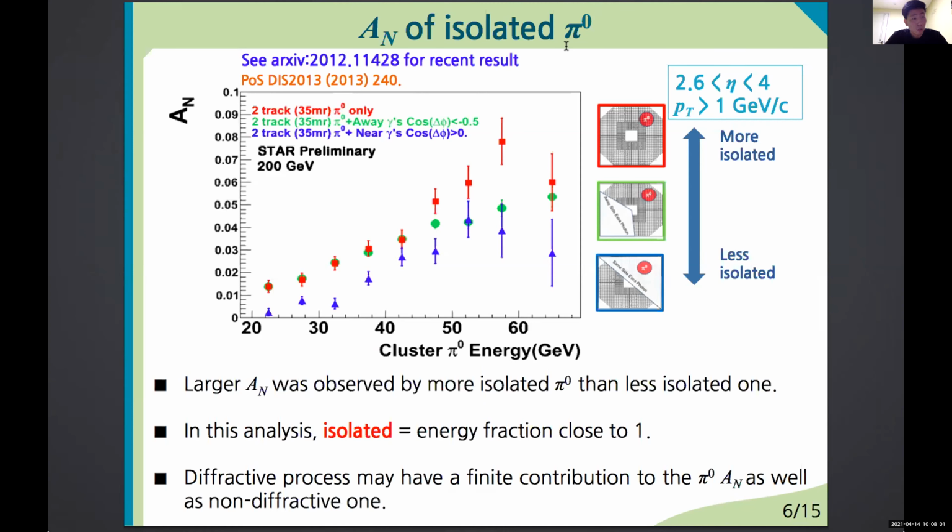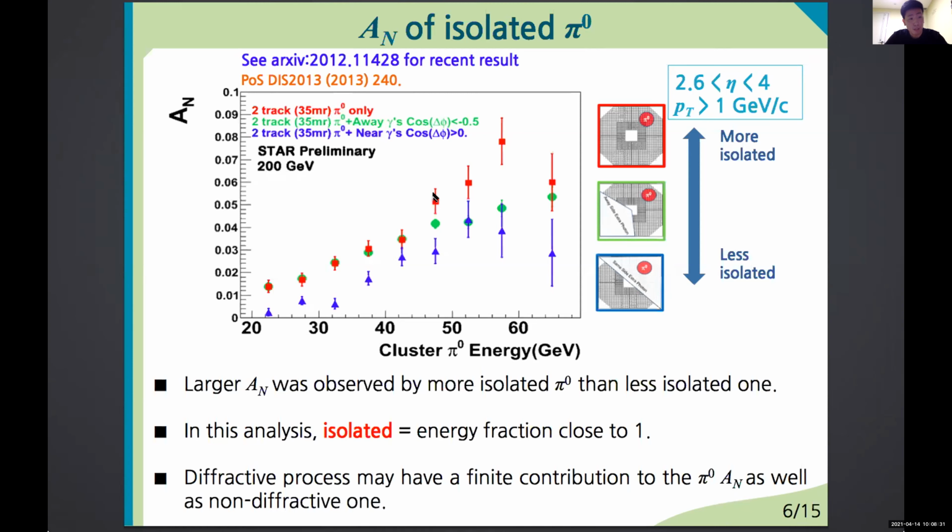This figure shows the pi0 A_N as a function of its energy measured by an electromagnetic calorimeter. From blue to red, the pi0 is more isolated, expecting few particles around it. Actually, in this analysis, the word isolated means the pi0 energy fraction to the electromagnetic particles in this detector is close to 1.